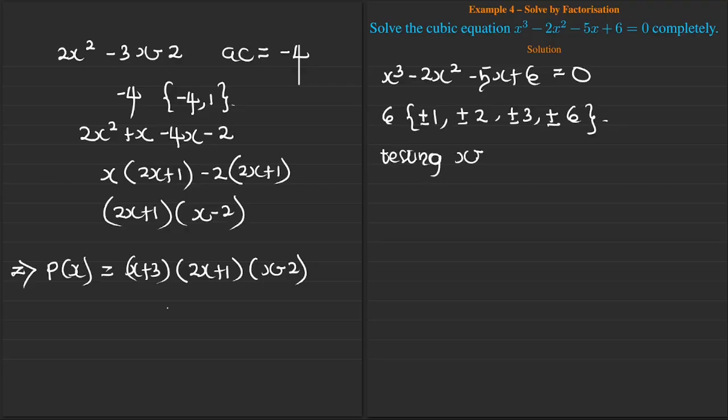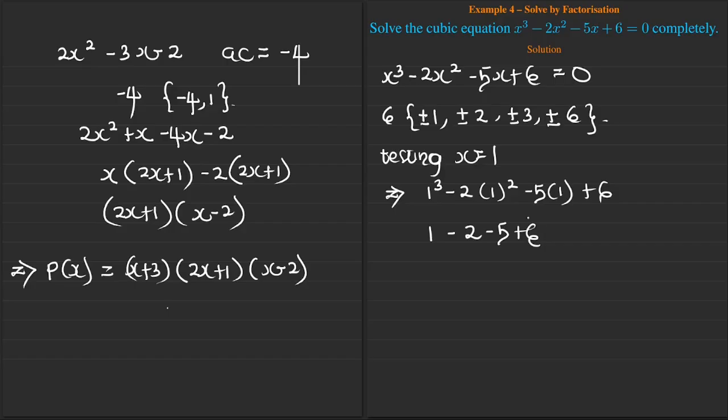So x equals 1. Now if x equals 1, then it simply implies we have 1 cubed minus 2 into bracket 1 squared minus 5 into bracket 1, then plus the 6. This gives us 1 minus 2 minus 5 plus 6. 1 minus 2 gives us a negative 1.